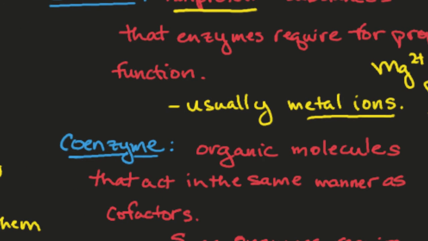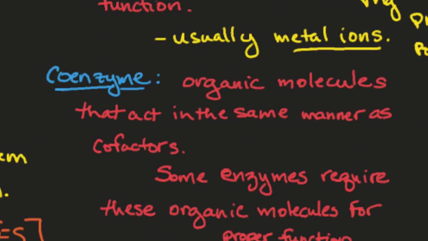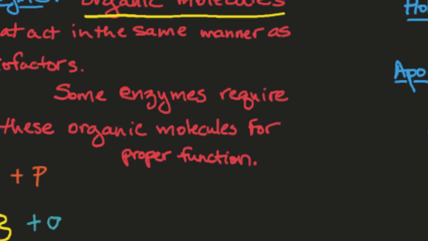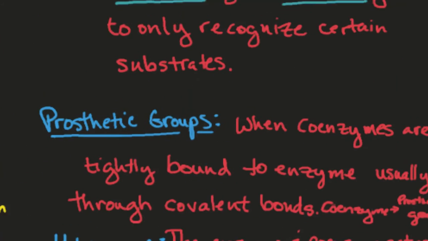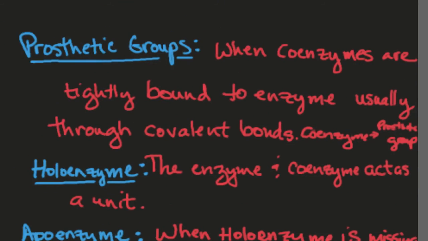Coenzymes are basically the same thing as cofactors, but instead of metal ions, they are organic molecules. All right, so the enzyme needs the coenzyme for proper function. Next, we have prosthetic groups.